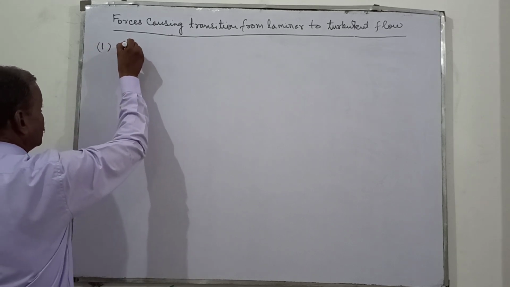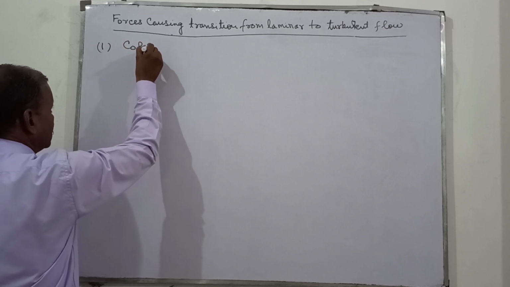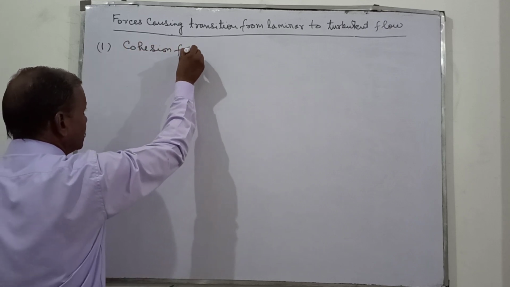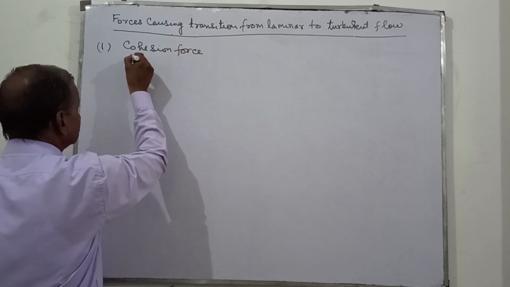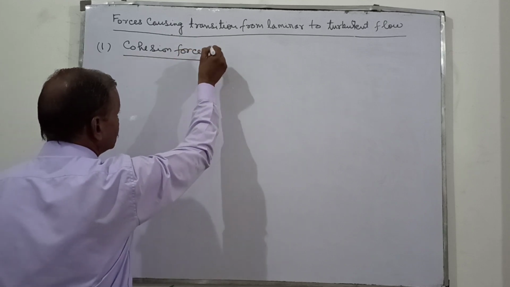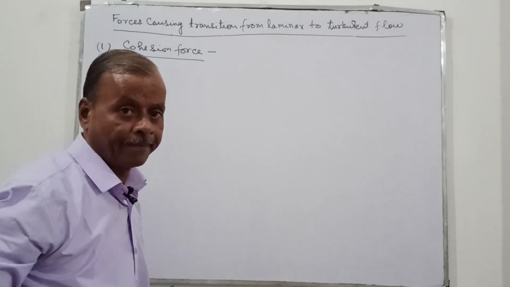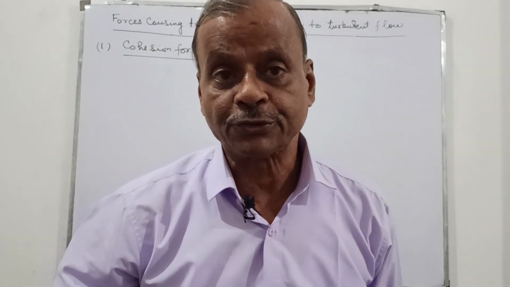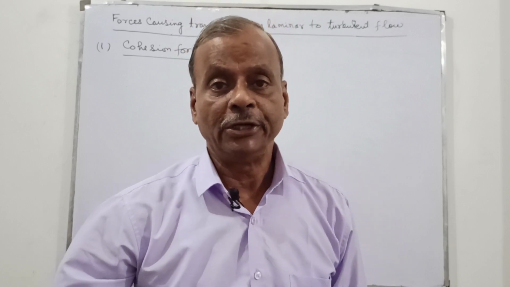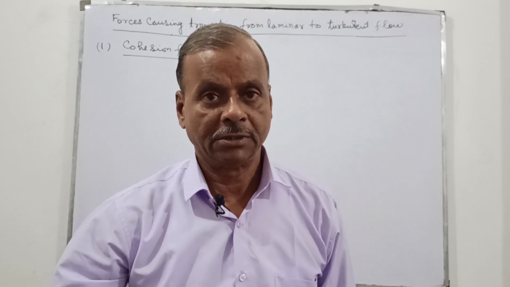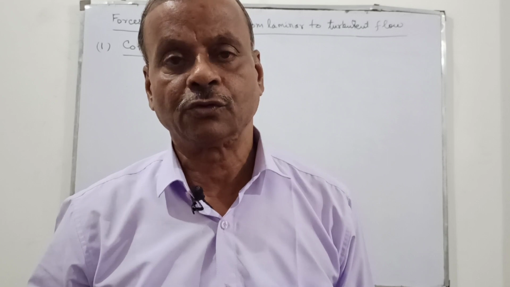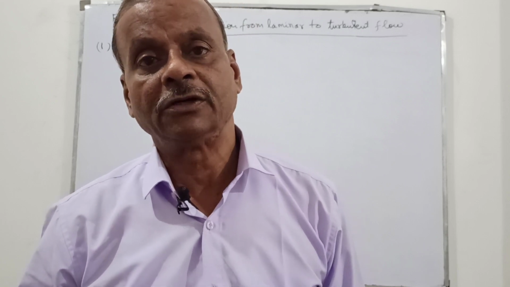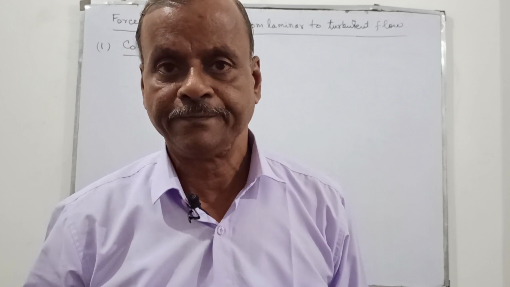Cohesion force. As we know that there is a force between the molecules of the liquid, and that is called the cohesion force. So cohesion force exists between the similar kind of or the identical molecules.